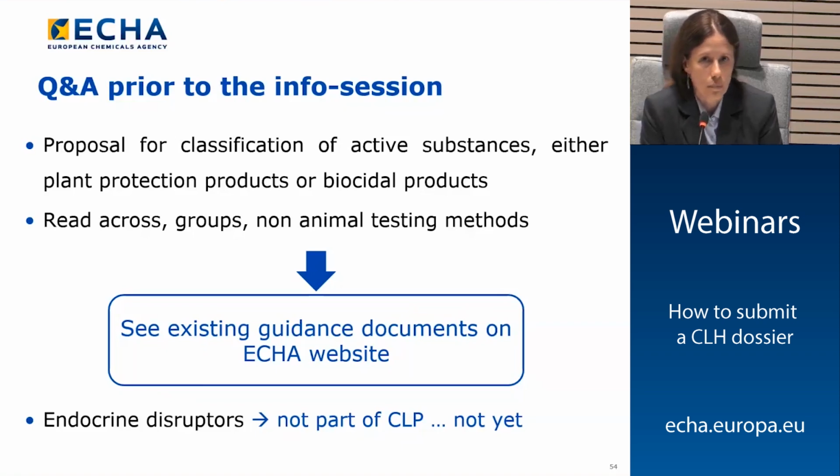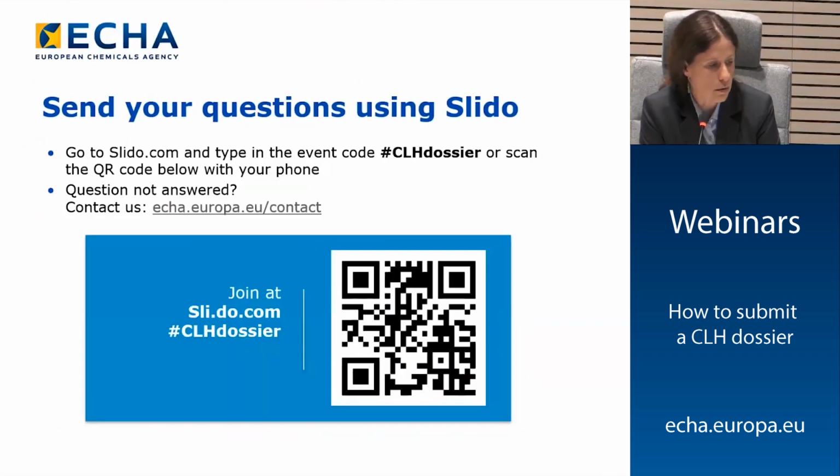They were not in scope on this info session. Therefore, we will see the existing guidance document on ECHA website. We will use some of these interesting questions for the more extended talks on the second info session in the autumn.